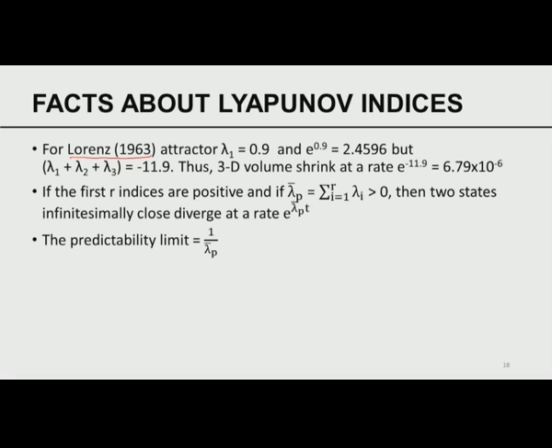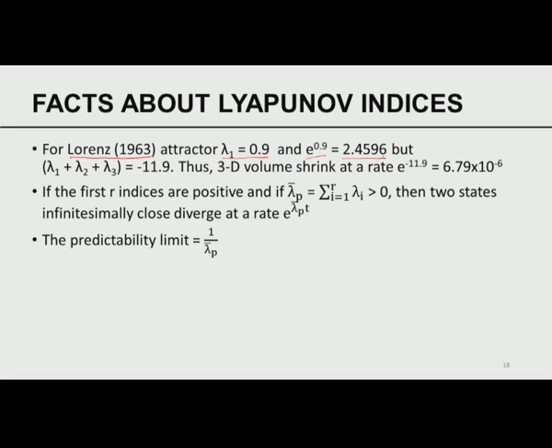Because it is dissipative, in general it does not go to infinity. The orbits remain bounded. The first Lyapunov index for this is 0.9. Therefore, e to the power of 0.9 is equal to 2.4596. So what does it mean?